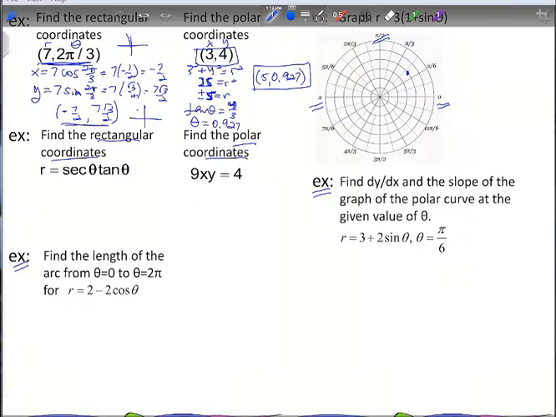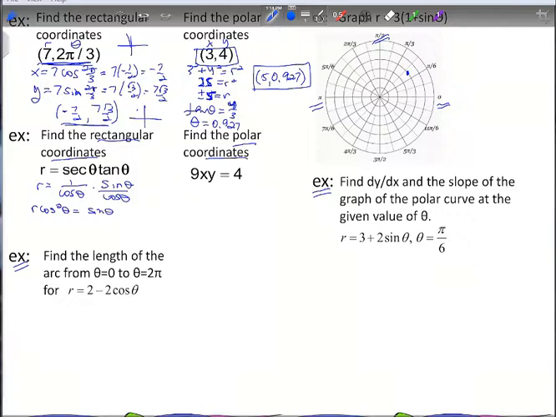So the very first thing that I would do is rewrite it. I would use a reciprocal property and a quotient property. So 1 over cosine times tangent, that's sine over cosine. Now I don't particularly like to work with fractions in this way, so I would multiply both sides by cosine squared. So I would get r cosine squared equals sine.